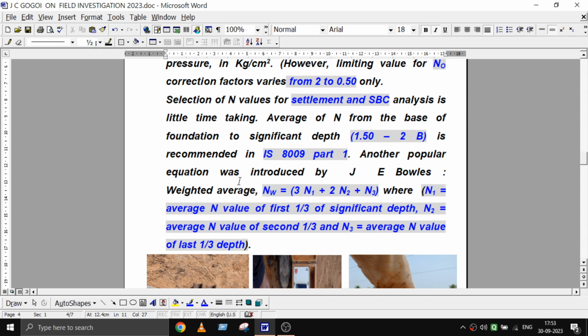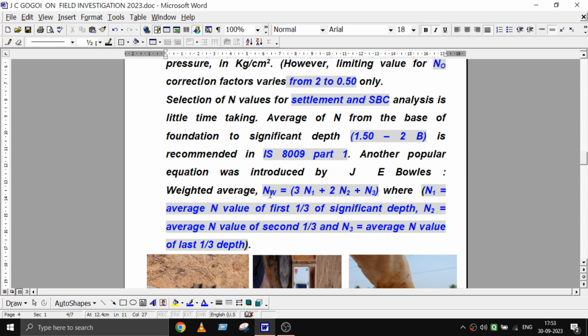So to avoid that, another equation is there. Bowles has suggested to estimate the weighted average of N value.